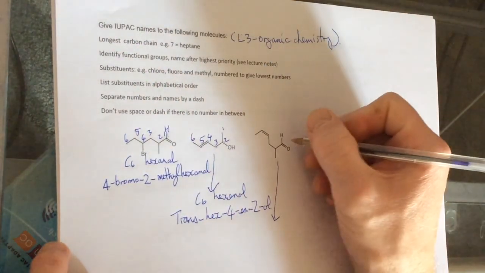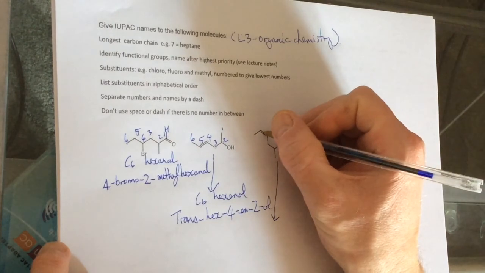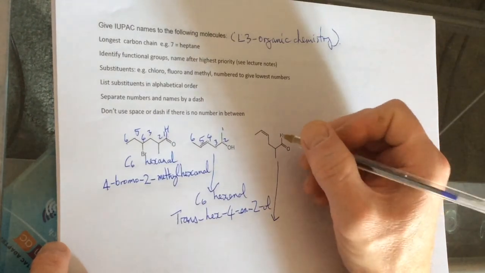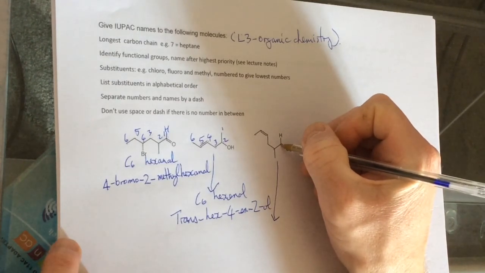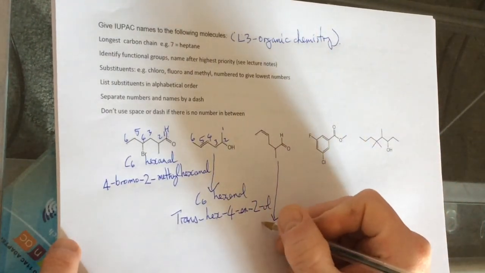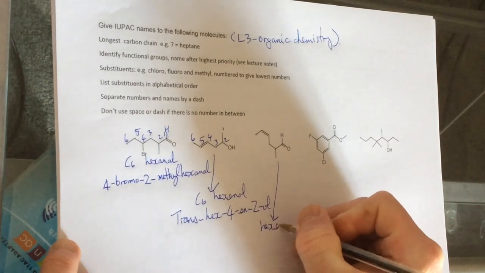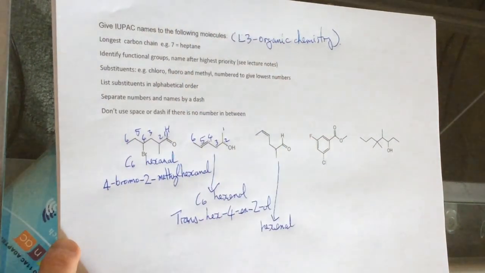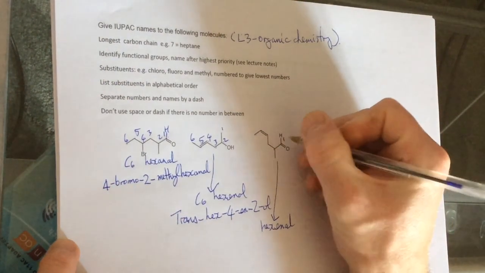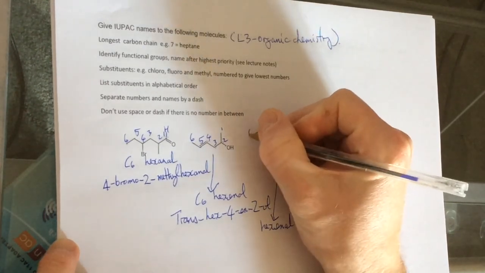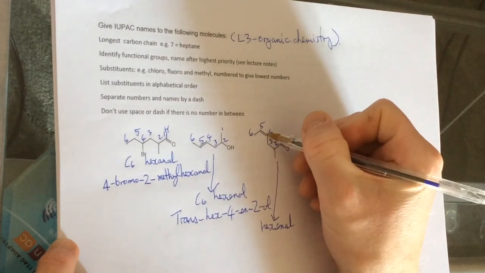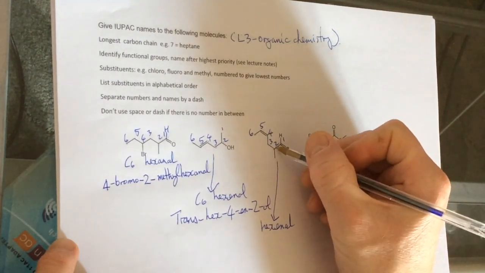So here again we've got an aldehyde, now an alkene, and the longest chain is 1, 2, 3, 4, 5, 6 again. So once again it's a hexenal. And the substituents will be named numbered, so the double bond is at 4 and the methyl is at 2.